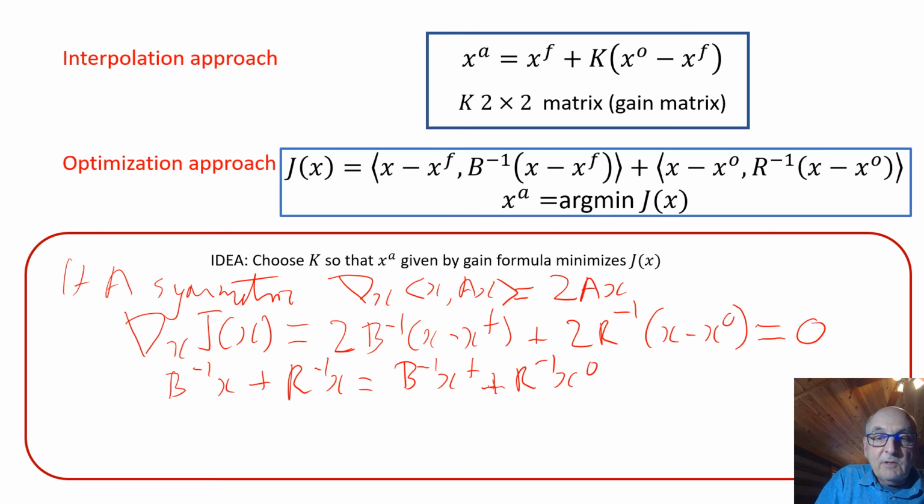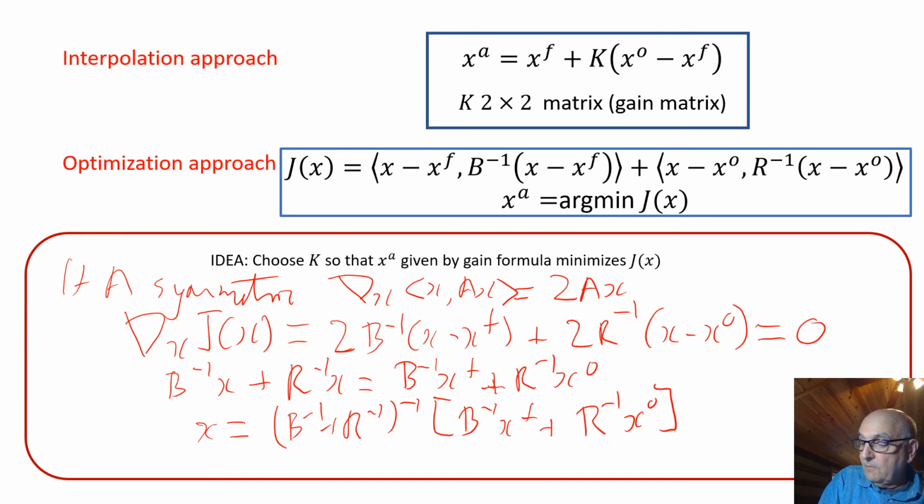If you go back and look at our formula that we did in the one-dimensional case, that is really completely analogous, and you now get that X is equal to B inverse plus R inverse, applied to B inverse XF plus R inverse XO, right? So now you can see that you could multiply this through and you've got exactly a formula which is a sort of weighted average.